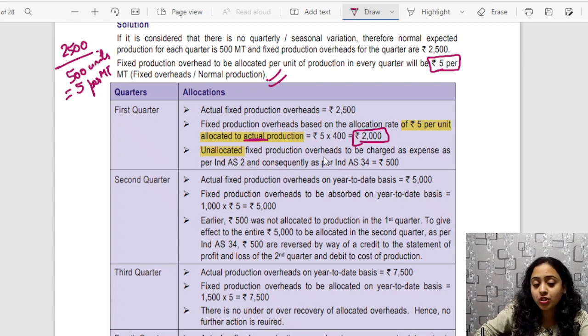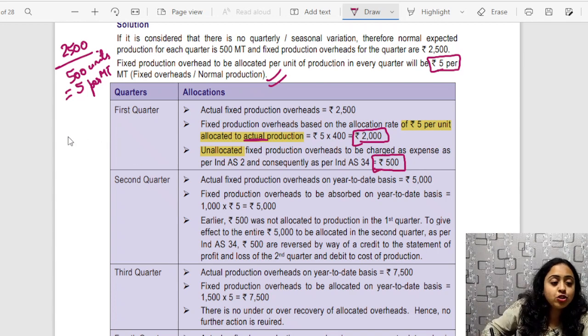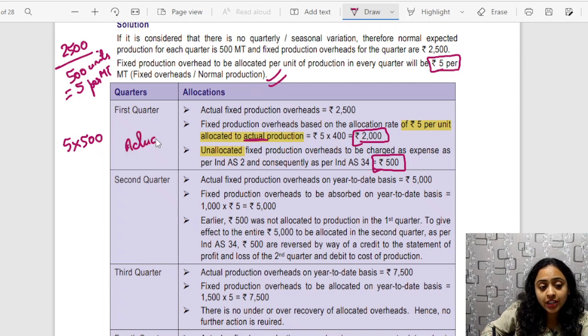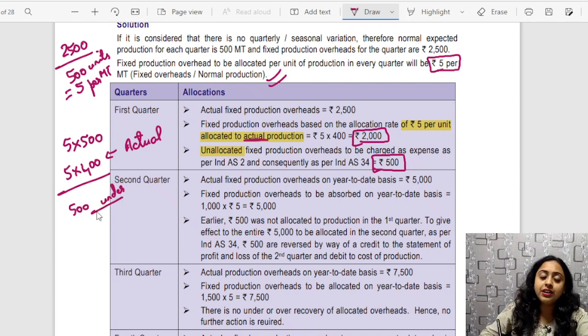Unallocated fixed cost overhead to be charged as an expense as per Ind AS 2 and consequently as per Ind AS 34 should be rupees 500. See, it should be 5 into 500, but as per actual, it is 5 into 400. So this 100 into 5, that is rupees 500, is under recorded, is less recorded.